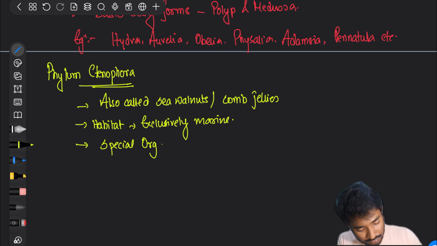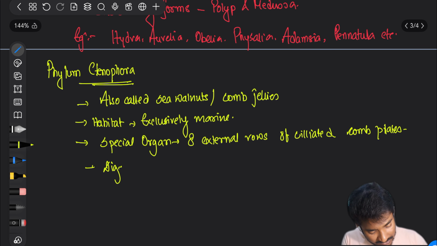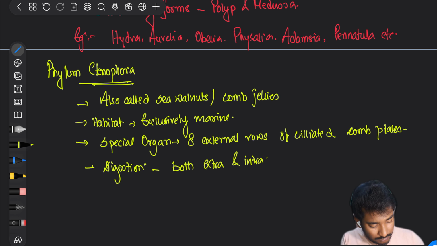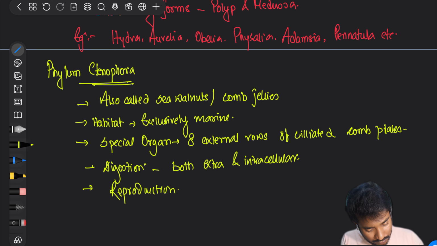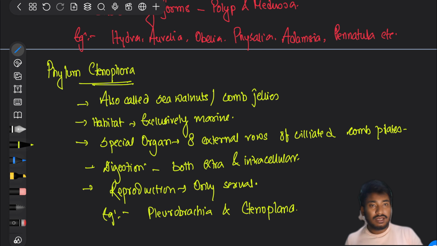Special organ: eight external rows of ciliated comb plates. Digestion is both extracellular and intracellular. Reproduction: only sexual. Examples: Pleurobrachia and Ctenoplana.